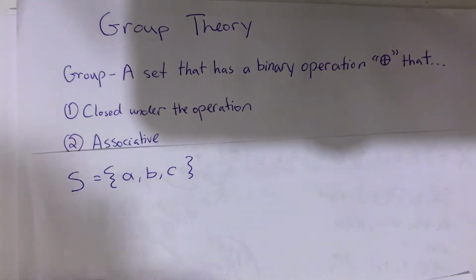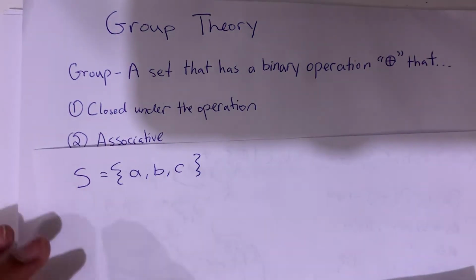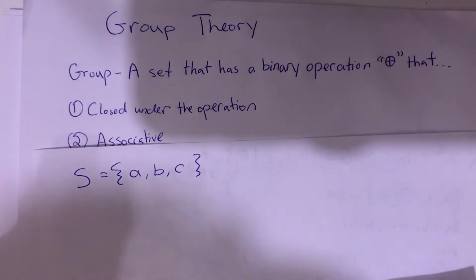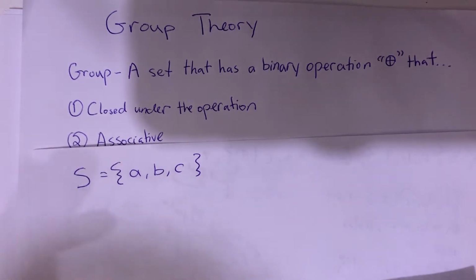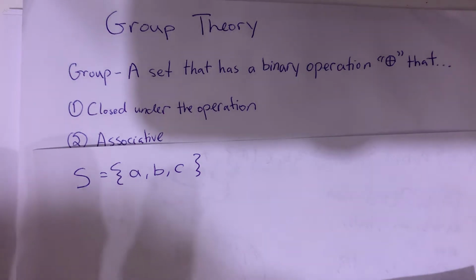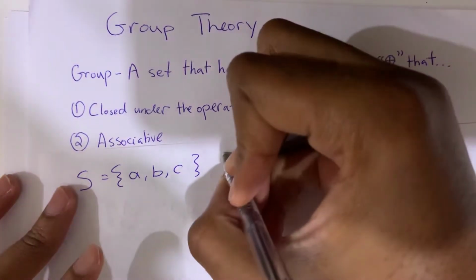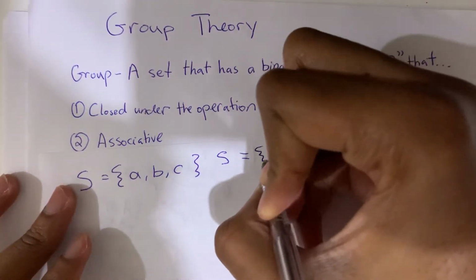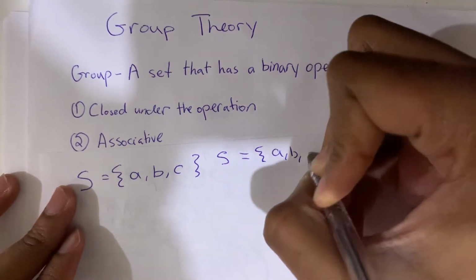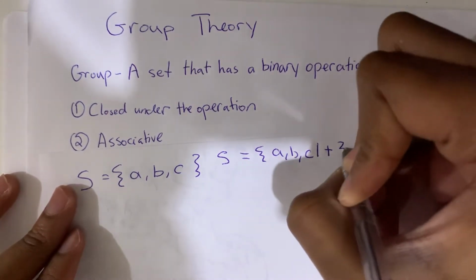Now this is kind of boring, uninteresting, because we just have some set that has a couple of elements, and that's it. We could make this set a bit more interesting if we had some operation on it, like addition.